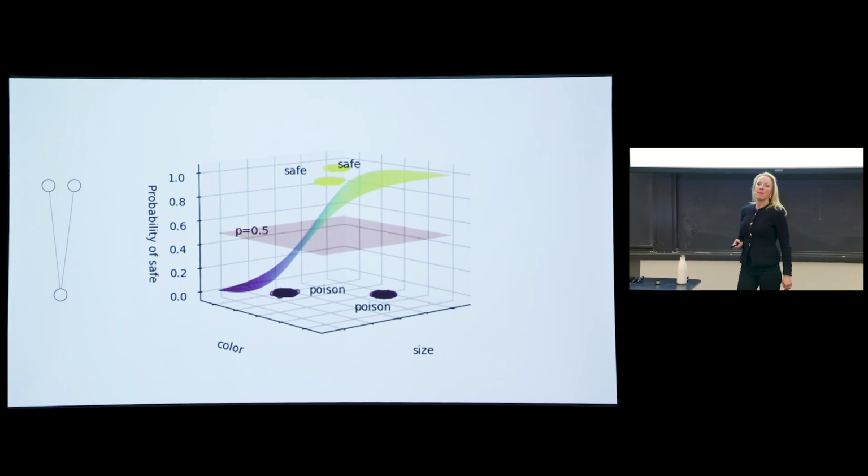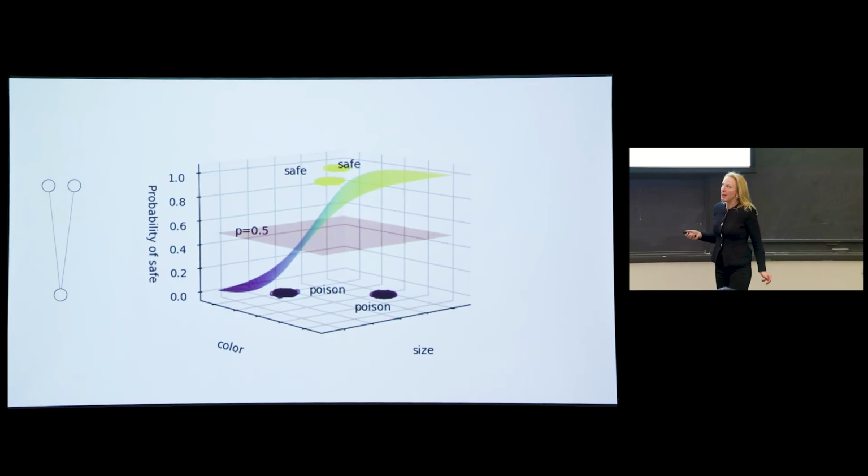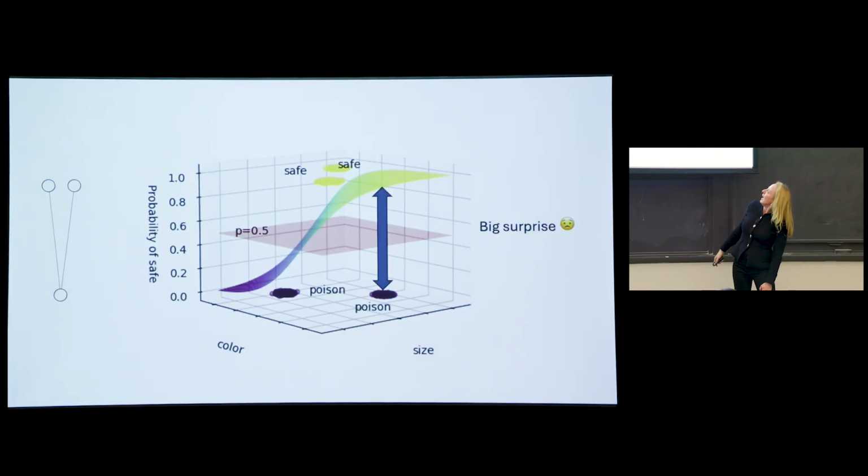Here was our bad model, our bad linear model. We couldn't do any better than this with a linear model, but it was pretty bad. Low probability of being safe for these poisonous berries, that's pretty good. High probability of being safe for these safe berries, so that's good. But here's a big surprise.